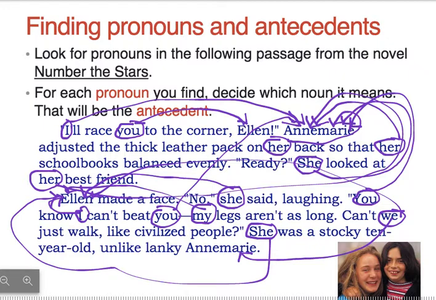My, Ellen's legs aren't as long. Can't we, Ellen and Anne-Marie, just walk like civilized people? Ellen was a stocky 10-year-old, unlike lanky Anne-Marie. So we always want to start by first finding the pronouns and then asking ourselves, who or what is the pronoun talking about? And that's its antecedent.